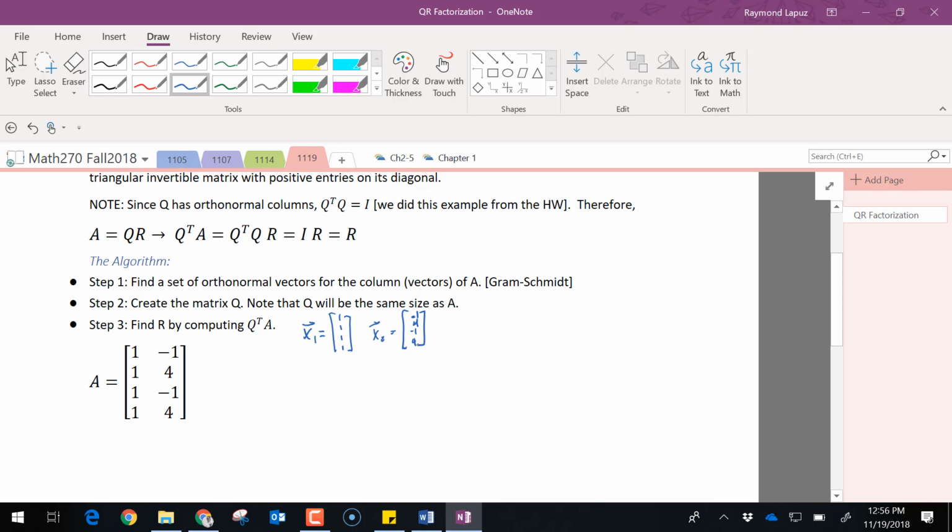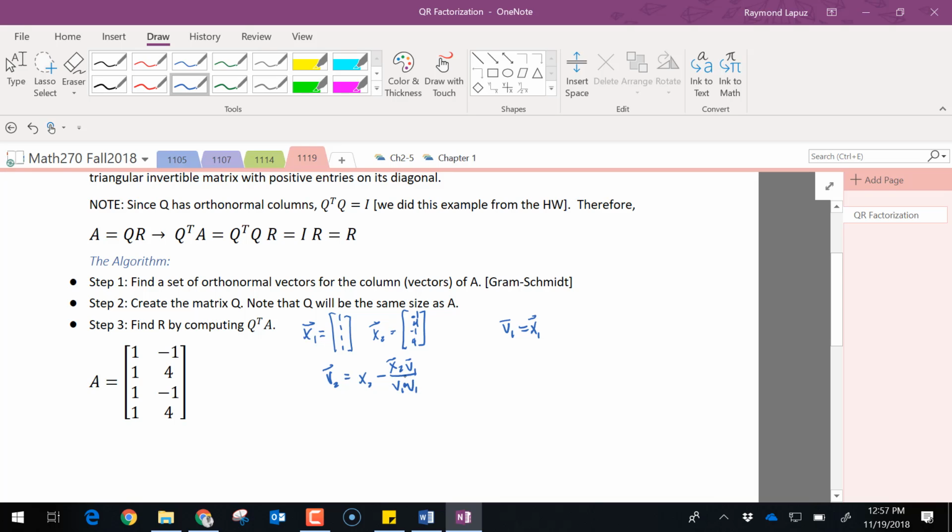And remember the orthogonalization process, or the Gram-Schmidt process, is that we're going to let v1 equal the first one. So v1 equals x1. That's not really much of a step there. And then v2 is going to be x2 minus something. So v2 is equal to x2 minus (x2 dot v1 over v1 dot v1) times v1.